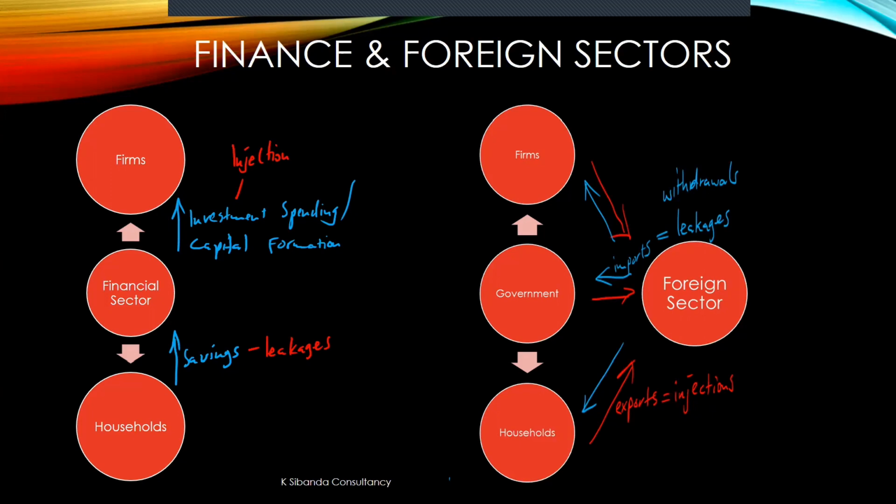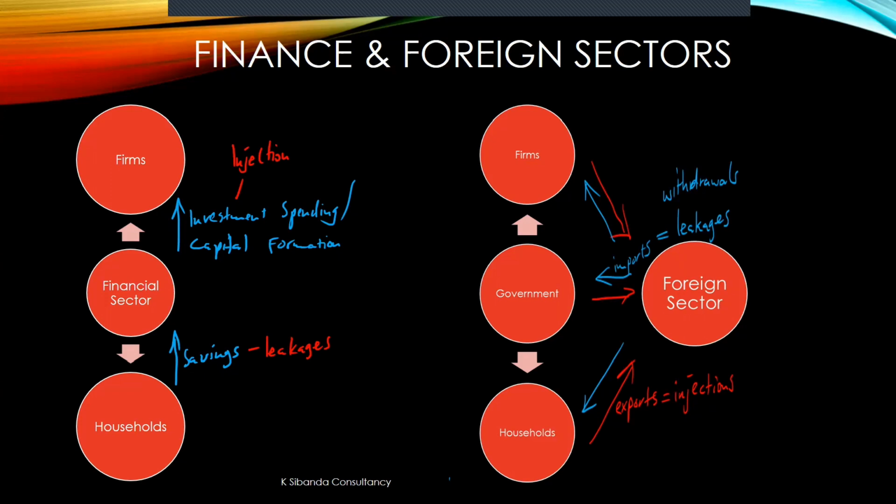So important to remember: injections, withdrawals, leakages. Injections, what are we talking about? Remember, we're talking about the flow of income, so we need to talk about the movement of money, in the simplest terms.